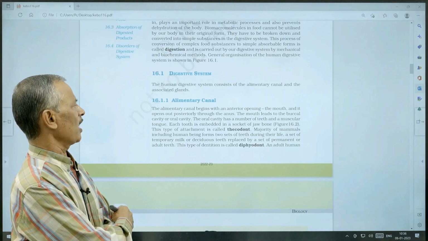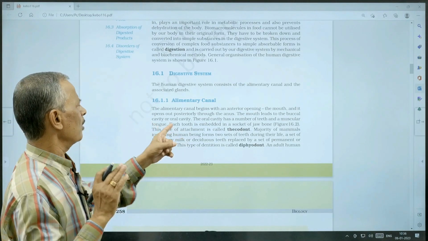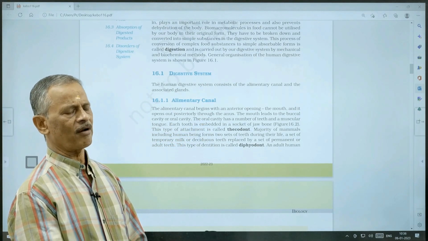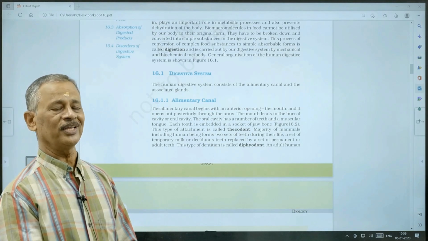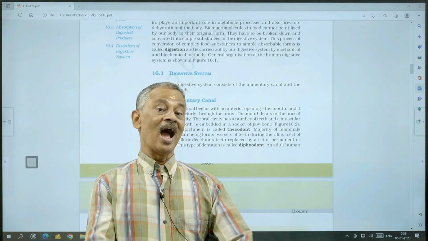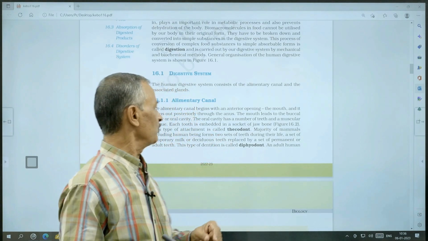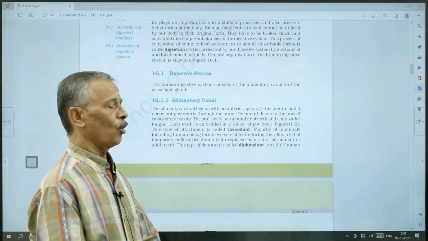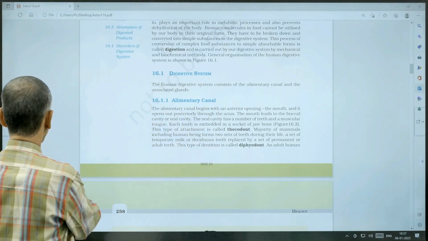This oral cavity is protected by means of jaws, which are all bearing teeth. In mammals, see, we are all mammals. In mammals, there are some special features for the dentition. What is dentition? Arrangement of teeth on jaws. We can simply say that our dentition is thecodont, meaning teeth are kept in sockets.